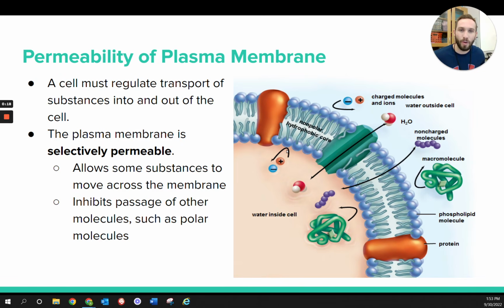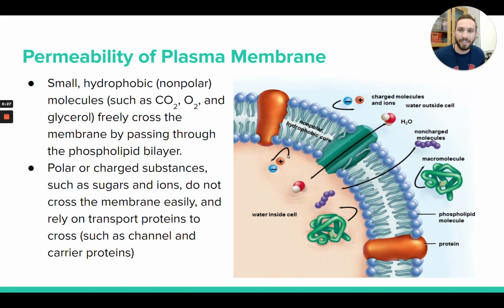And so there are some important big concepts here about what is allowed in and out of the cell. One thing you need to know is that small nonpolar, hydrophobic molecules can very easily go across the cell membrane through the phospholipids.